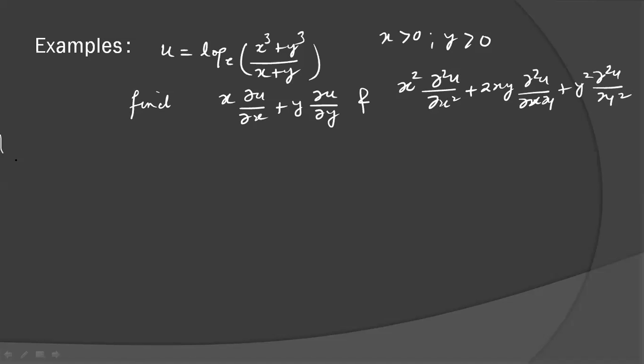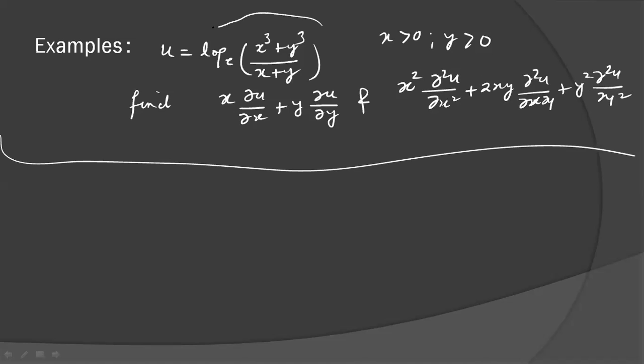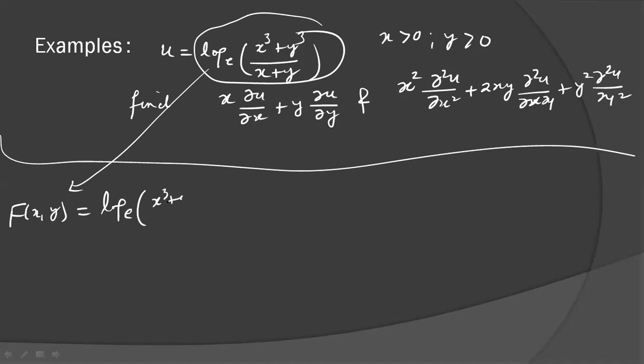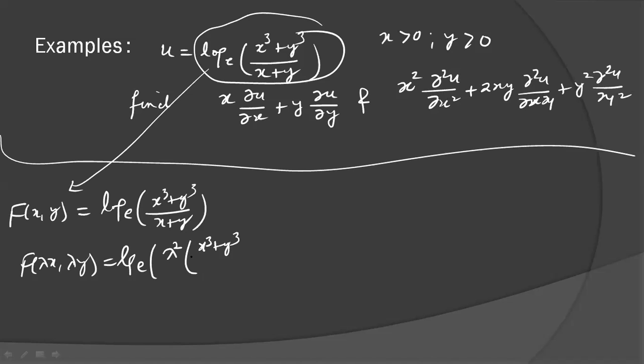Suppose this is your function capital F(x,y). Let's check whether it is homogeneous or not. Let capital F(x,y) be log of x cube plus y cube over x plus y. Then f of lambda x comma lambda y is log of lambda square times x cube plus y cube over x plus y.